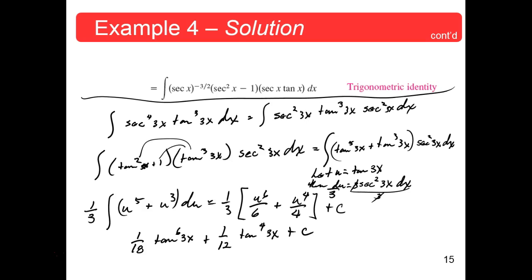Now, whether they write it that same way, they just put it over, I'm sorry. Tangent to the 4th, and they reverse the order too, because they wrote it differently. Tangent to the 4th 3x over 12, plus tangent to the 6th 3x over 18, plus c.